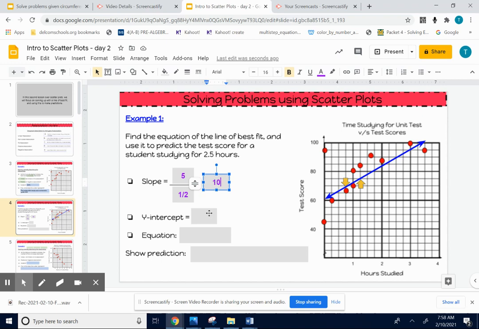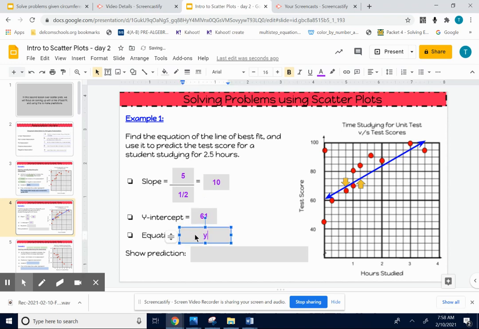The slope's 10. The y-intercept is where it crosses the y-axis. There's the y-axis. Maybe 61. I'm going to put 61. Guys, these are approximations. You're not going to always agree with another person when you do this. 61. So if I know my slope is 10, I know my y-intercept is 61.